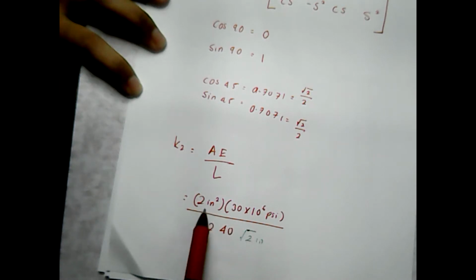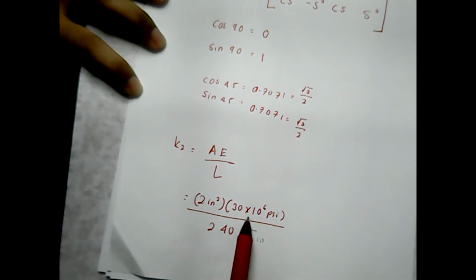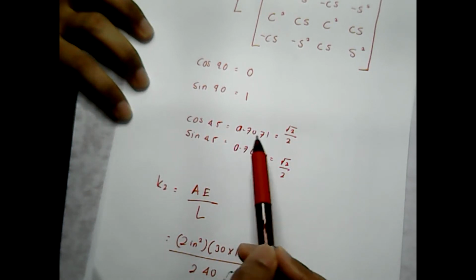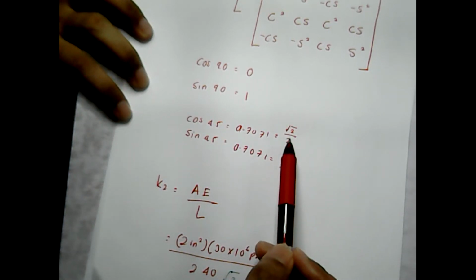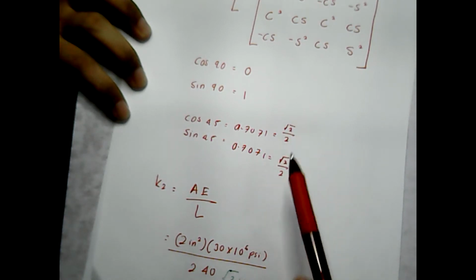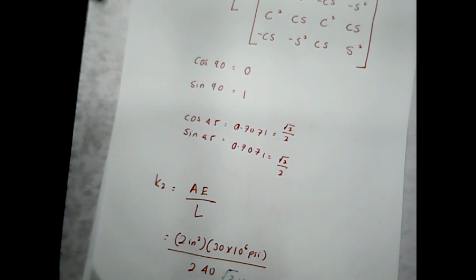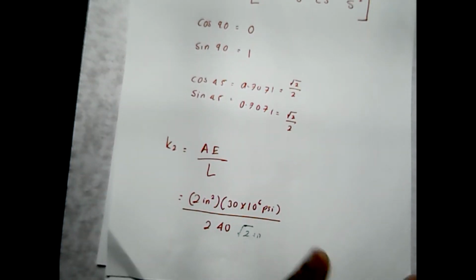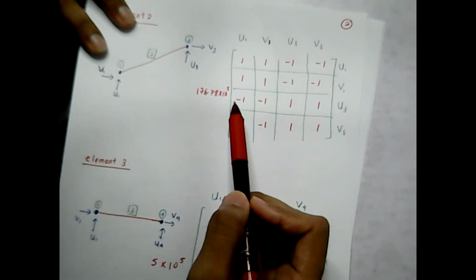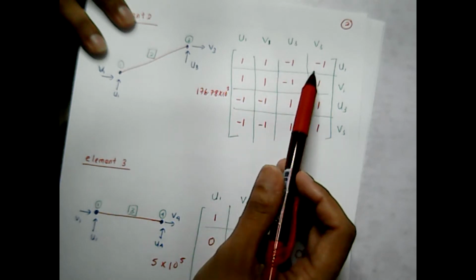This is for area, this is the Young's modulus, and this is the length. Instead of using a decimal form, it is written in fractional form. If you multiply back here with 2 inch, you get 1 inside here, so you get 1 1 negative 1 negative 1.